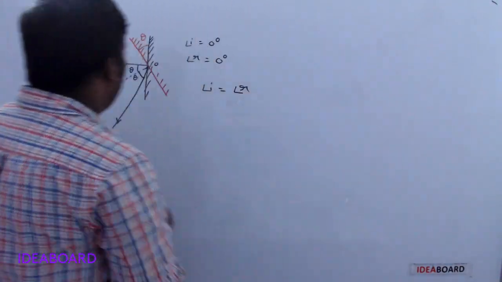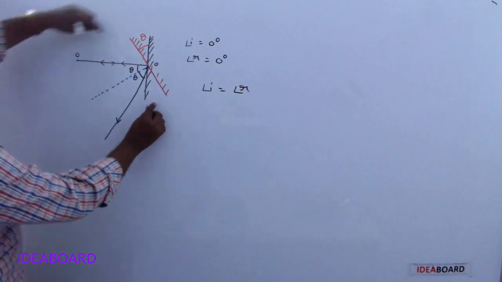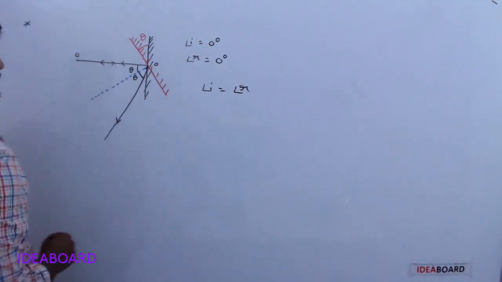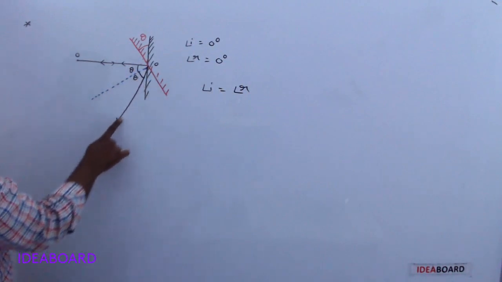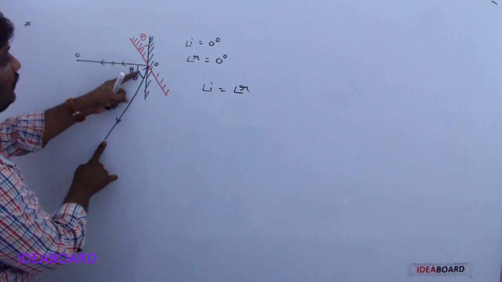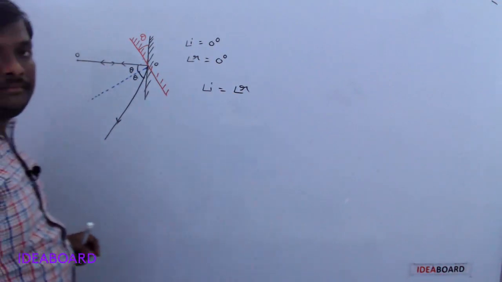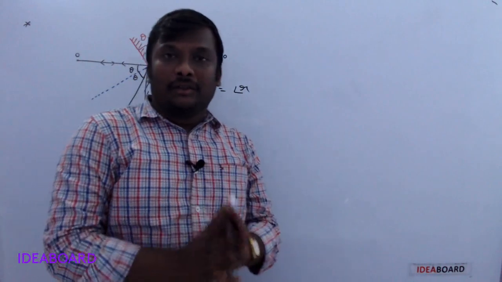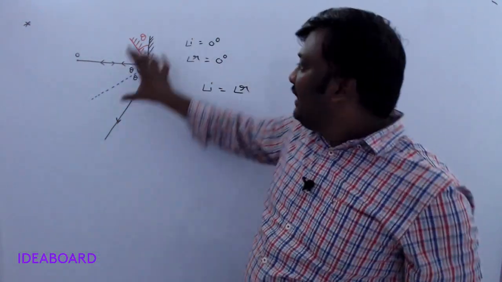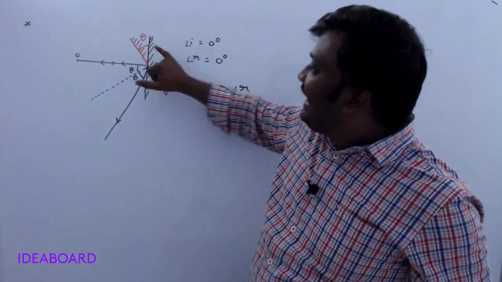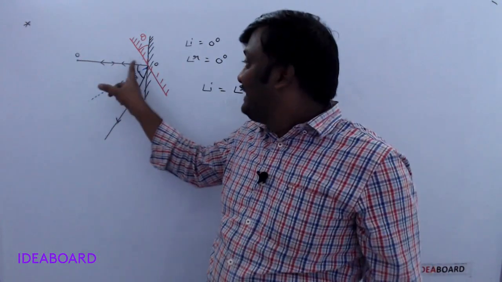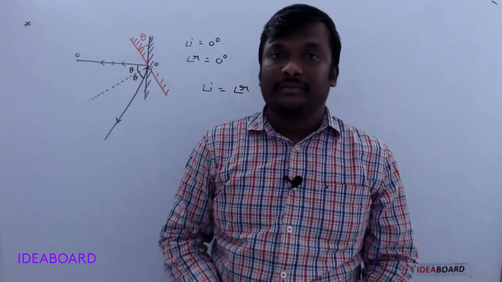So observe properly: if the mirror is rotated through an angle theta, then this new reflected ray makes an angle of 2 theta.